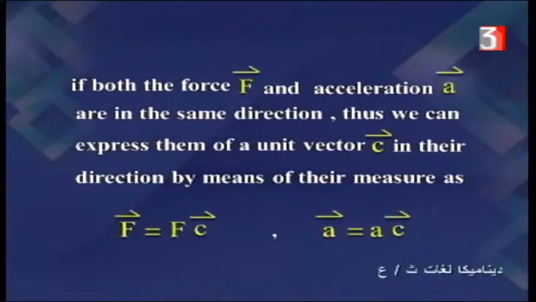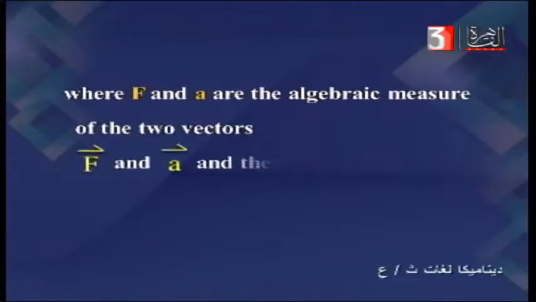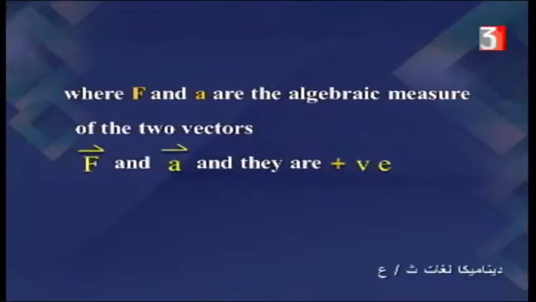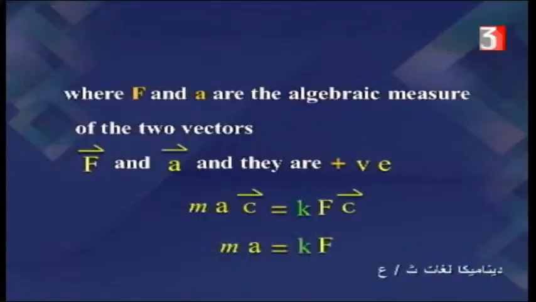Where F and a are the algebraic measures of the two vectors, and they are positive. Then the mass m times acceleration a in the direction of c equals k times the force F in the direction c. c is the same direction of the acceleration and the force, then ma equals kF.